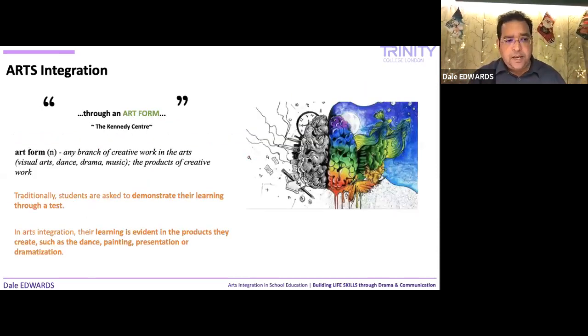Now, when it comes to defining an art form, I think we know that across the country and the world, classrooms have become and continue to become more culturally, economically, and academically diverse. But yet, sometimes we see a great deal of instruction that relies primarily, and sometimes almost exclusively, on reading and writing for students to be able to demonstrate what they know.